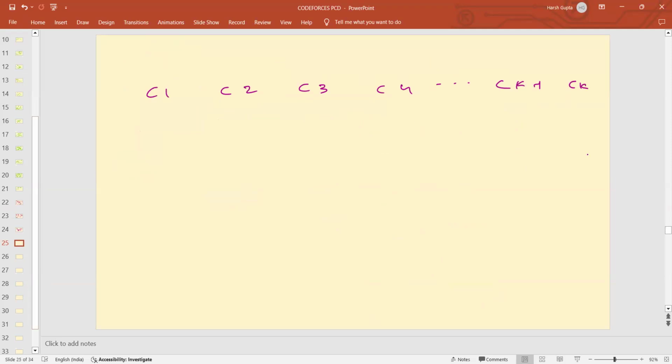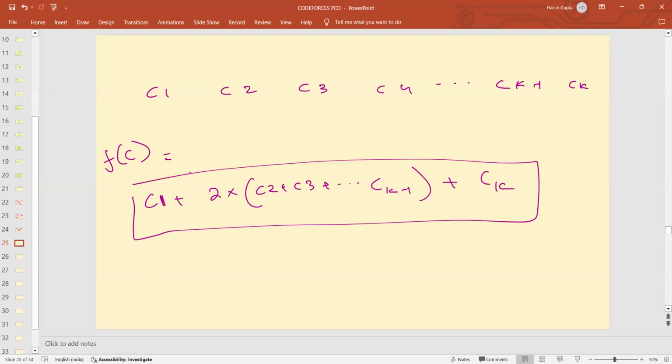Does everyone agree with me that the value of f of C will be nothing but C1 plus 2 multiplied by C2 plus C3 plus up to CK minus 1 plus CK? Does everyone agree with this, or is anyone having any doubt?